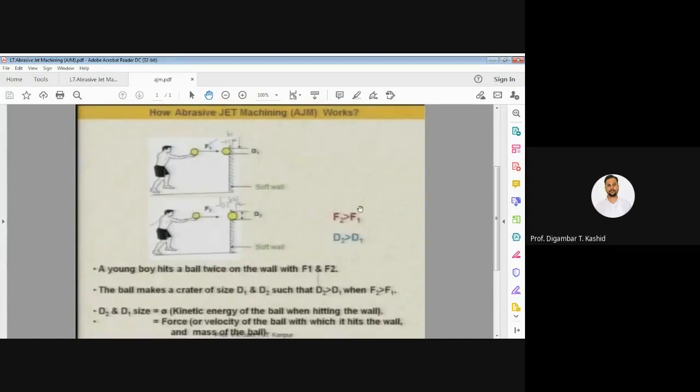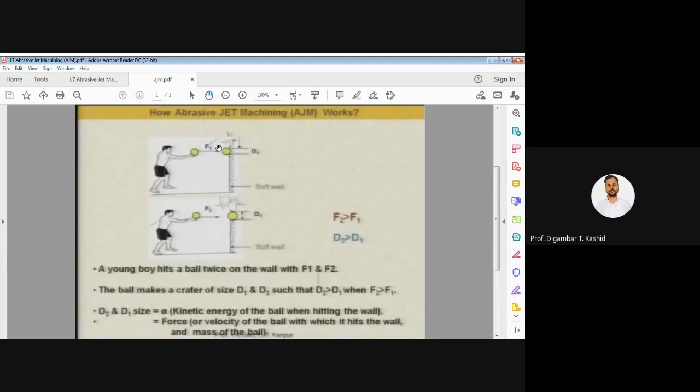The first person is applying the force F1 on this ball, which is penetrating to a certain depth, that is H1, and making the diameter D1.